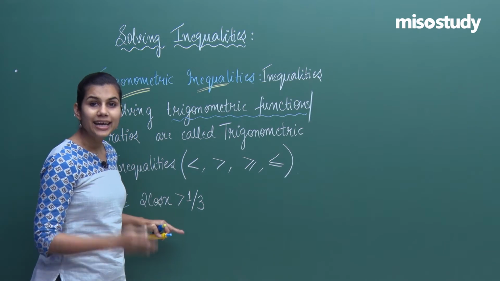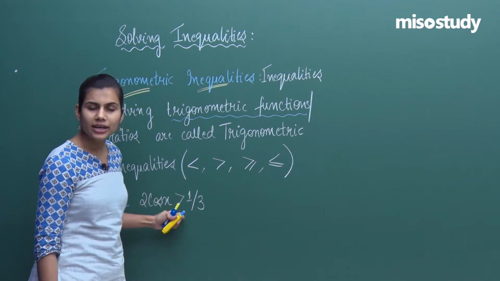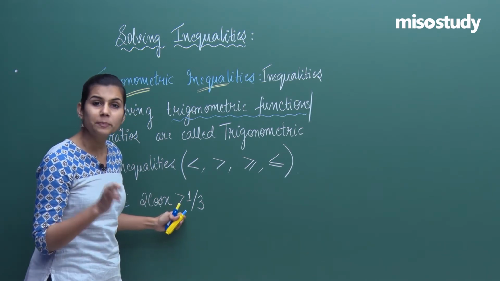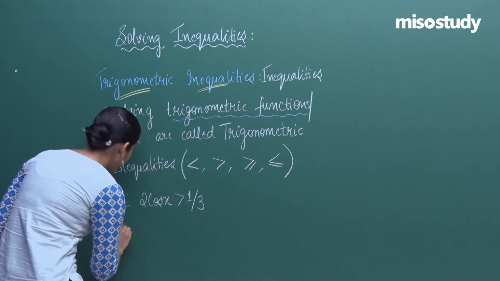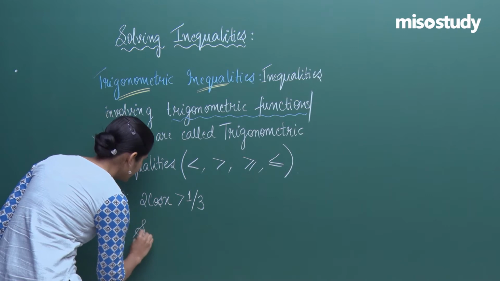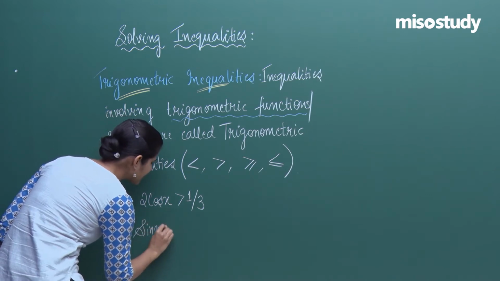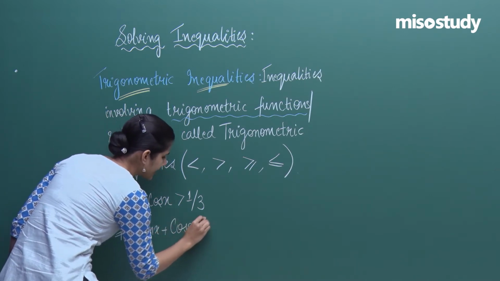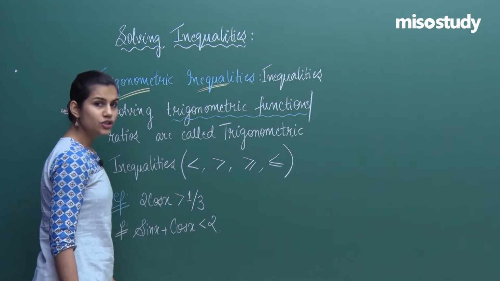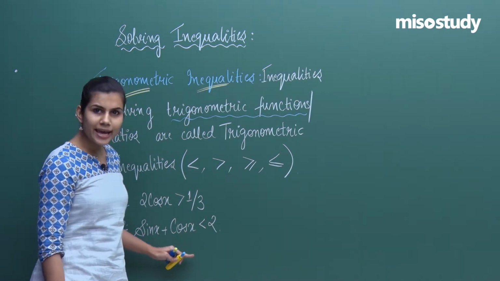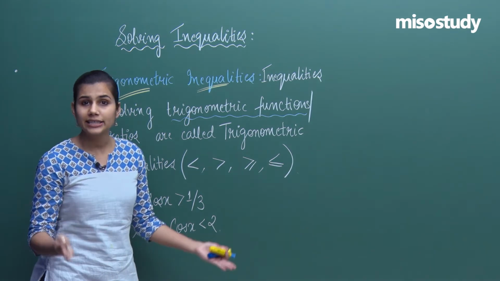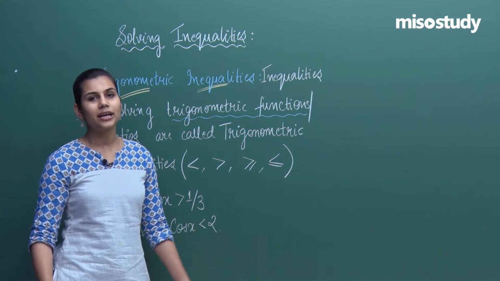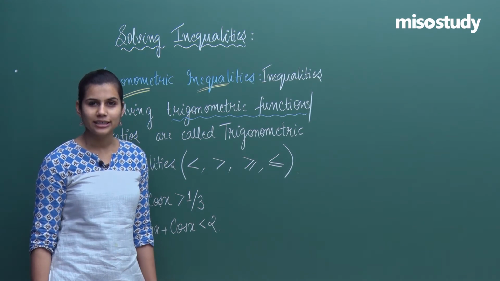This has the strictly greater than inequality in between, and therefore it becomes a trigonometric inequality. Or, on the other hand, if I say sin x plus cos x is less than 2, this is again a trigonometric inequality. It has trigonometric functions and the inequality sign, so it becomes a trigonometric inequality.